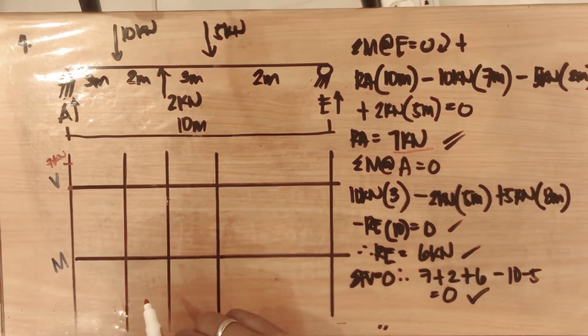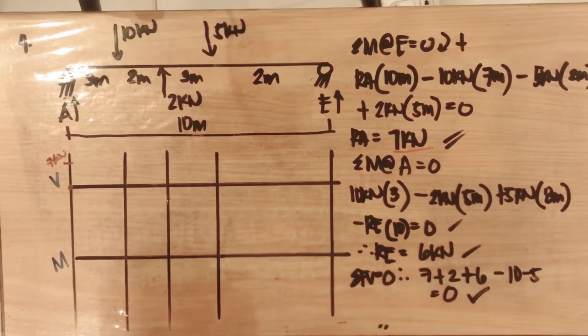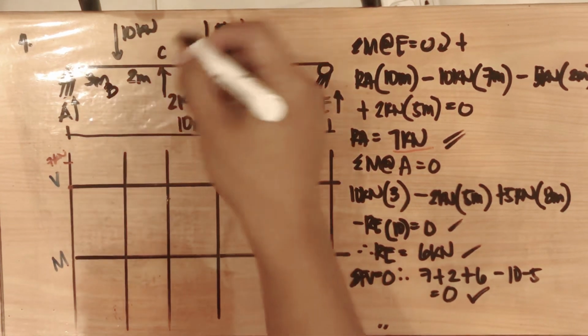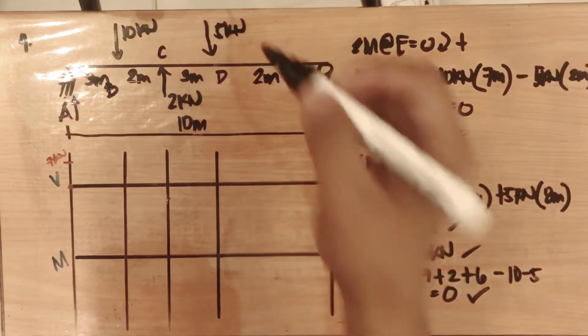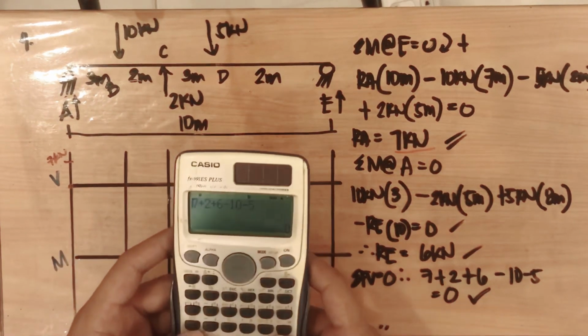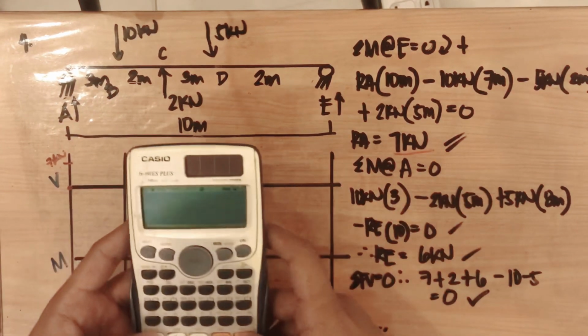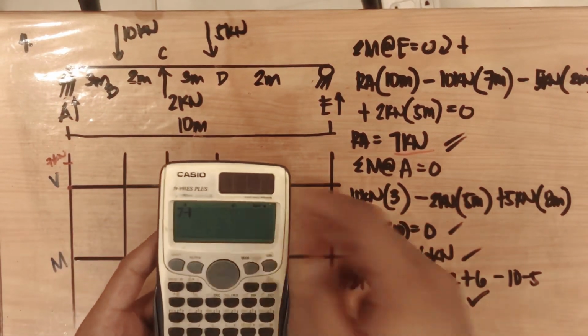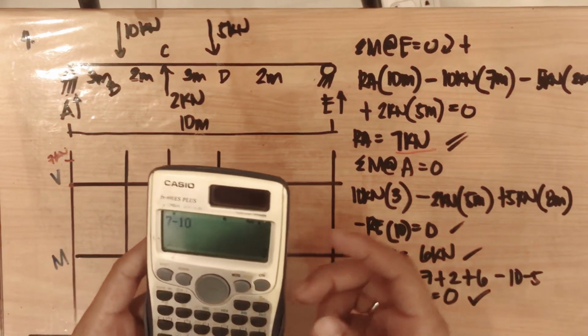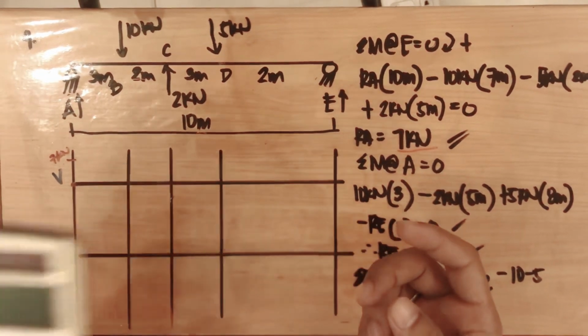Then next, at point B, saan ba yung point B natin? B, C, and D. At point B, meron tayong 7 kilonewtons, positive 7, minus natin itong downward load which is 10. So meron tayong negative 3.